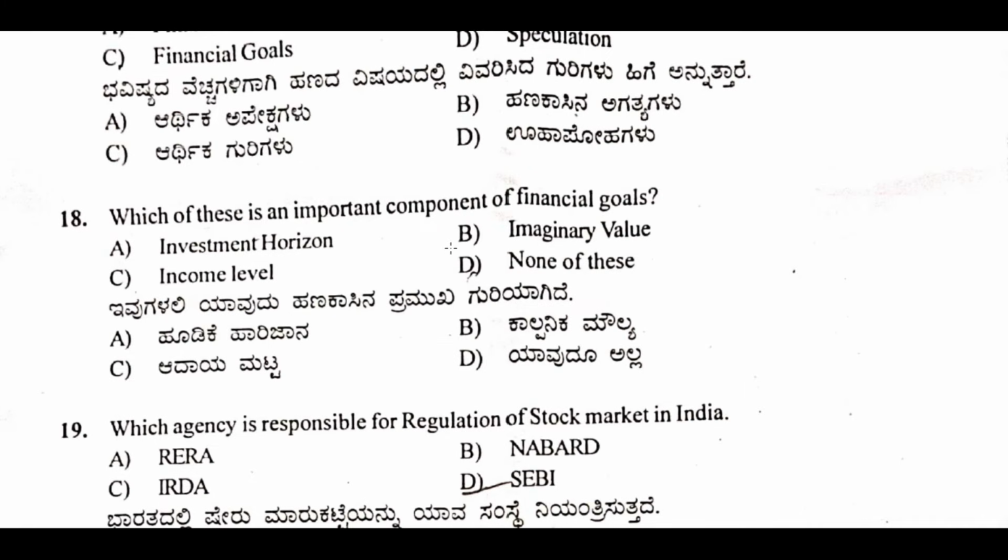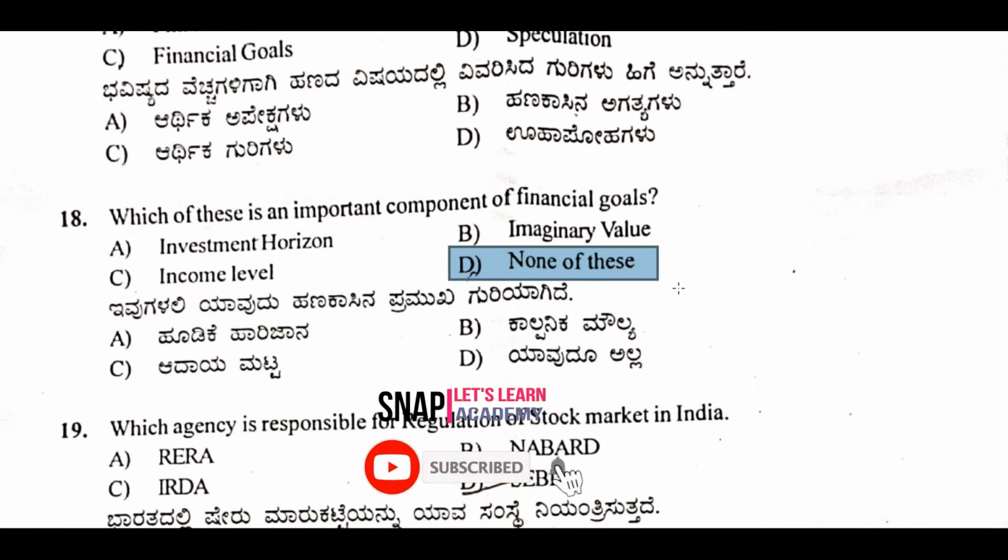So therefore option D, none of these, is the right option. Investment planning is critical for helping you reach your financial goals, and these goals are met through creating financial resources by investing savings generated over time.